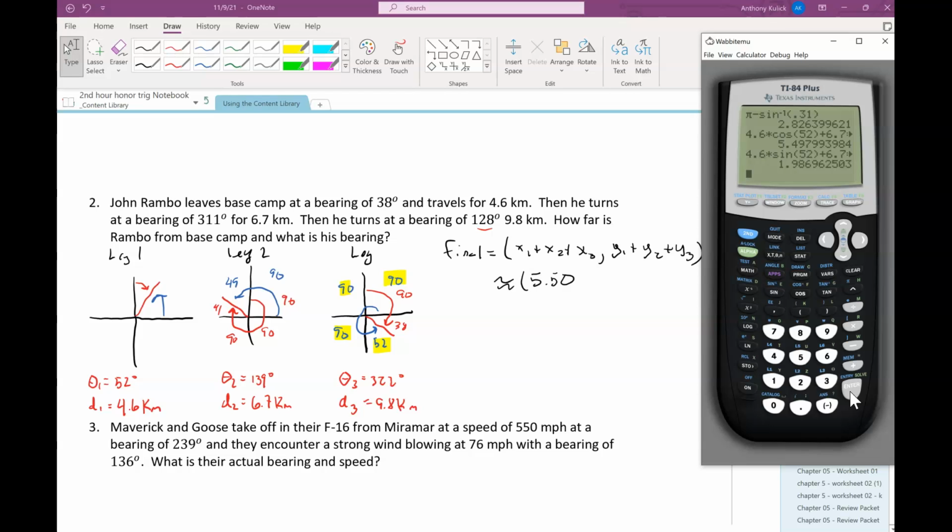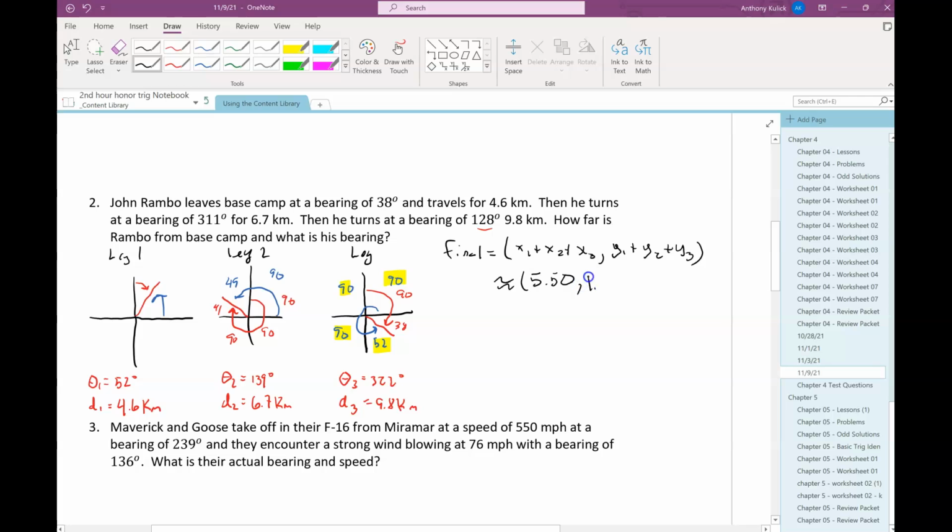That gives me 1.99. Is that so far so good? So my final distance then is just going to be the Pythagorean theorem on those values.